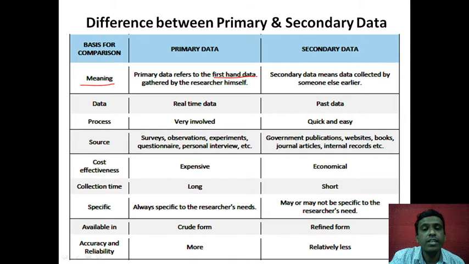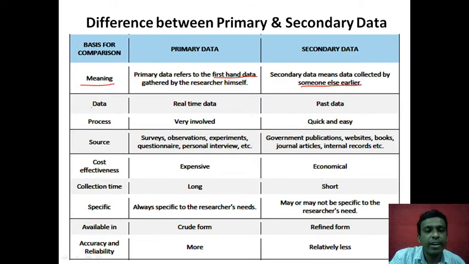Why? Because the researcher himself is gathering the information. On the other hand, secondary data is the second hand data. Why? Because it has been collected by someone else for his own research and we are using his data in our research. So it has been collected by someone else earlier.